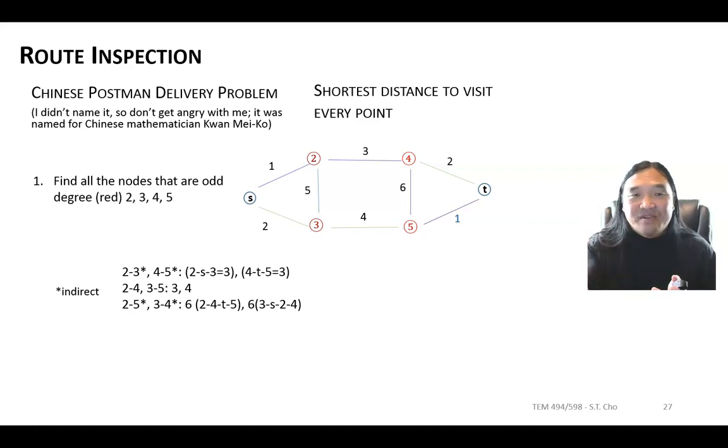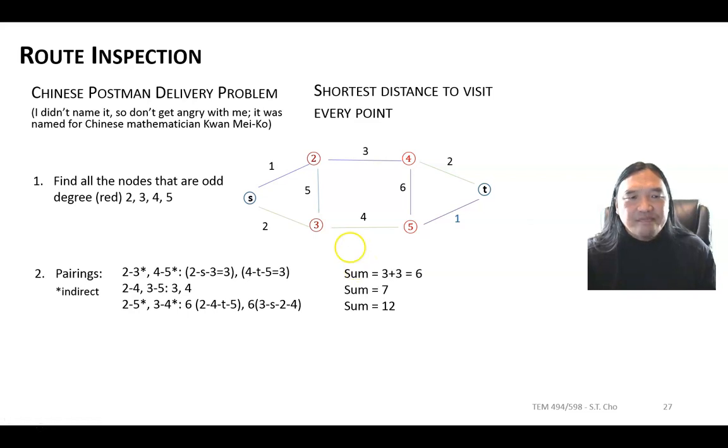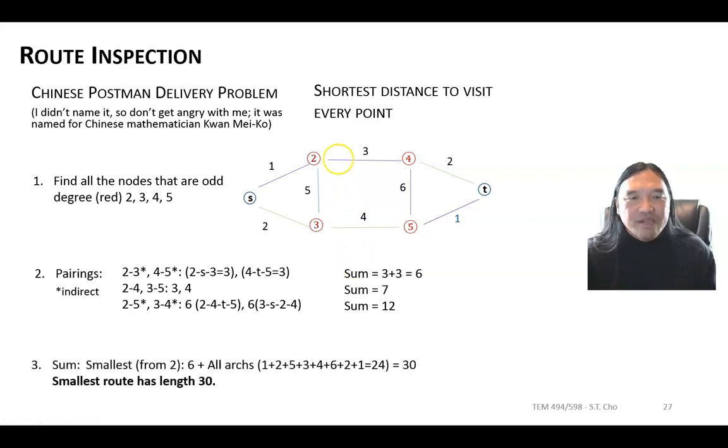And that's that you start at a place and what's the shortest distance to visit every point on the map. So the way you can calculate what that is, what you do is first look at every node that has 3 points. In nodes that have 3 points, which would be 2, 3, 4, and 6, figure out all the pairs and then sum up what all those pairs are.